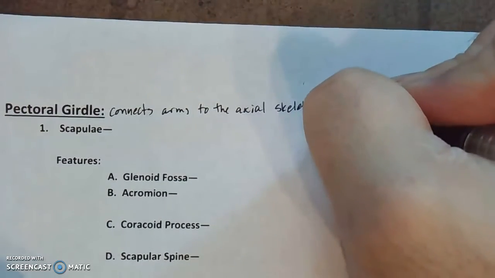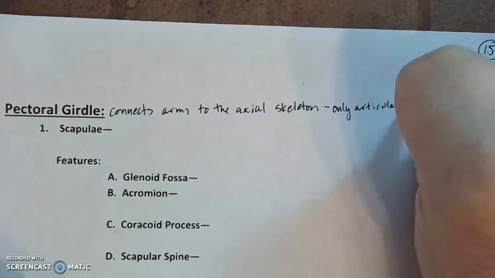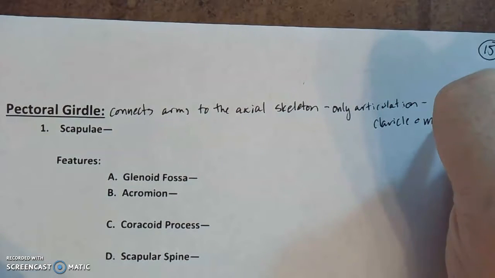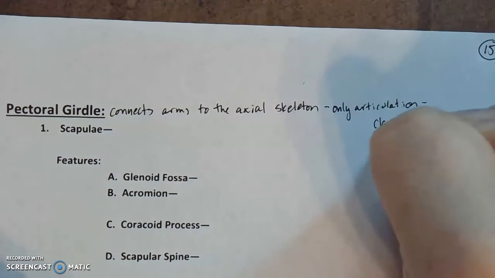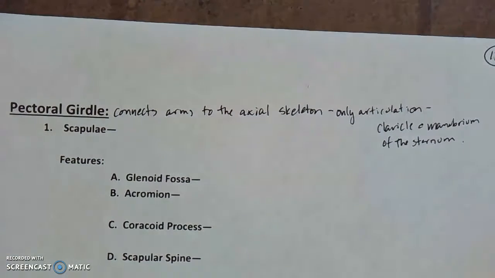So the only articulation, like I said in our last video, is between the clavicle and the manubrium of the sternum. So that is the only thing that connects the pectoral girdle and your arms to your entire axial skeleton, is that articulation. So we have two scapula.